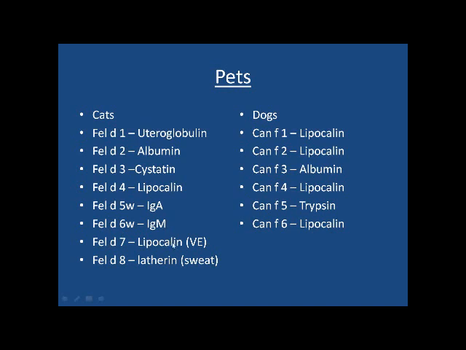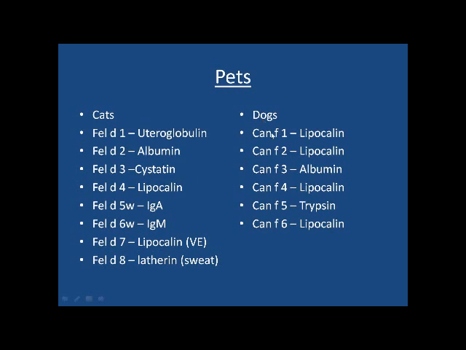Fel d 7 is a lipocalin that resembles von Ebner gland protein. And Fel d 8 is one I wasn't too familiar with. It's called latherin. It's in their sweat, but it's really responsible for distributing oils into their hair, and so it gives them that shiny look and healthy hair.